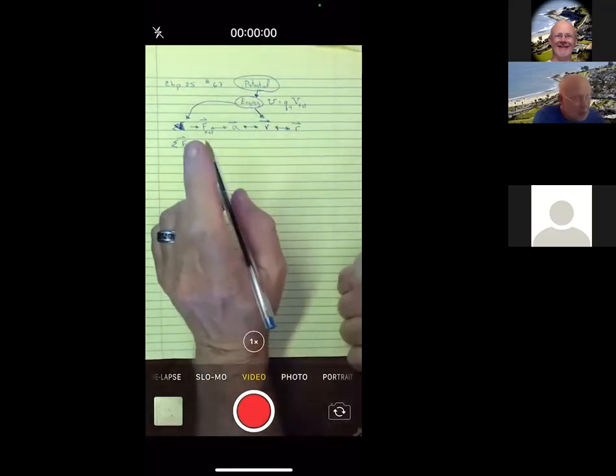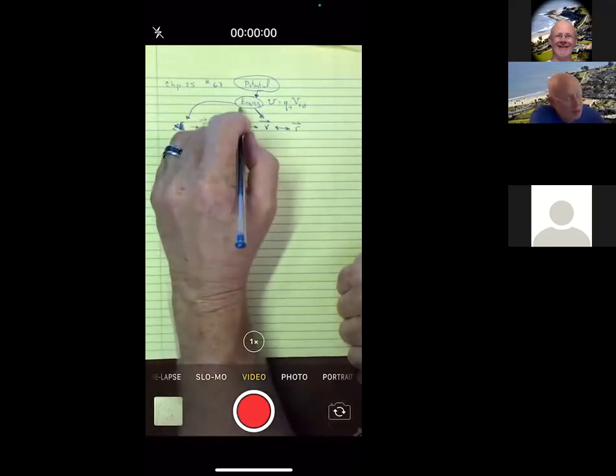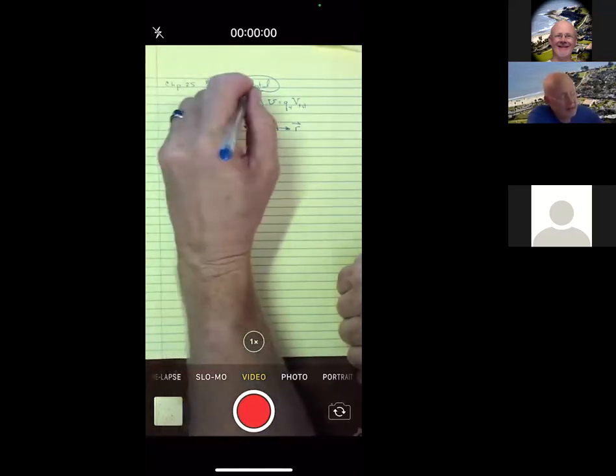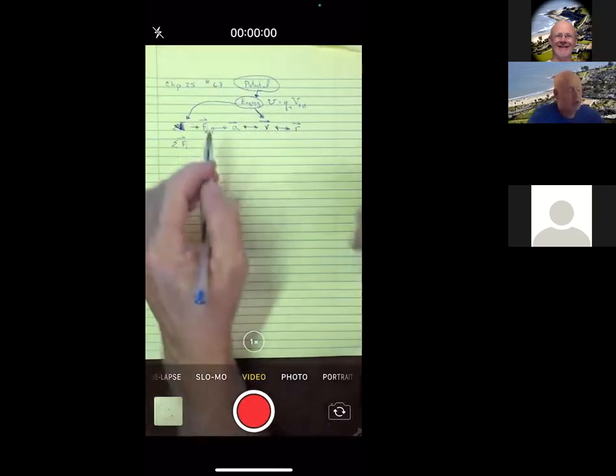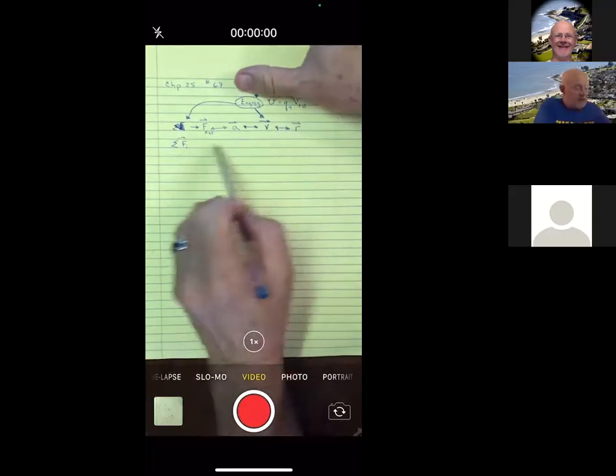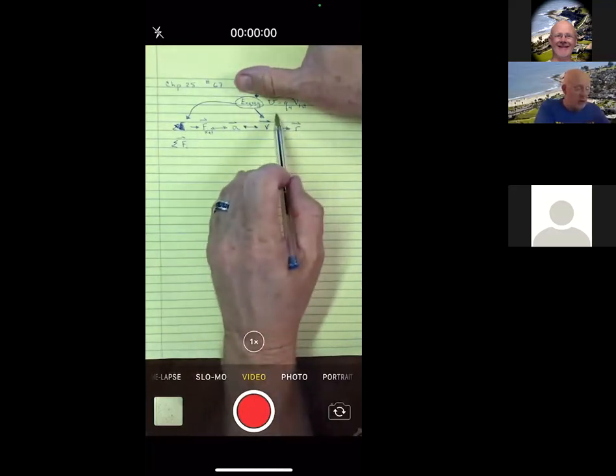But I'm going to say, if you then took the derivative of the potential, watch this. Adding to this chart, this is the chart that represents Physics 121.